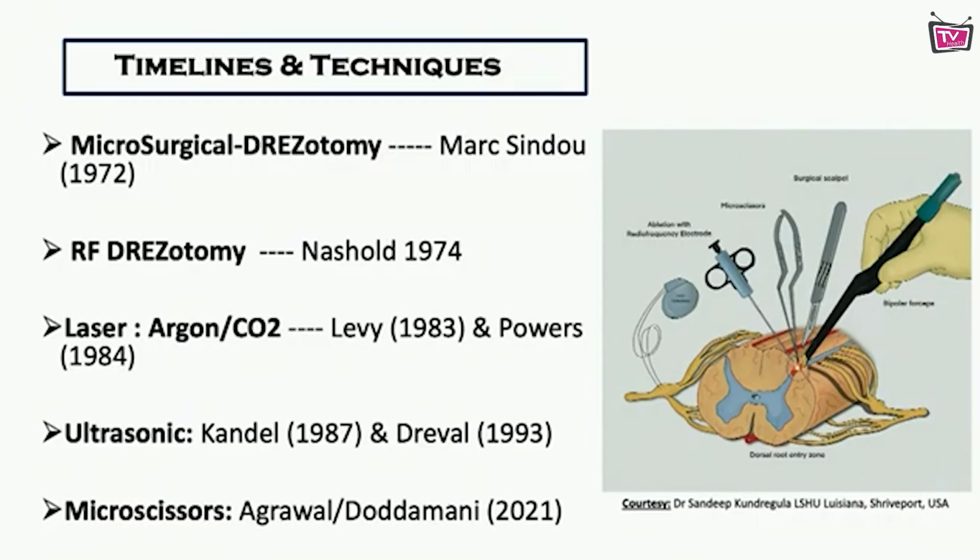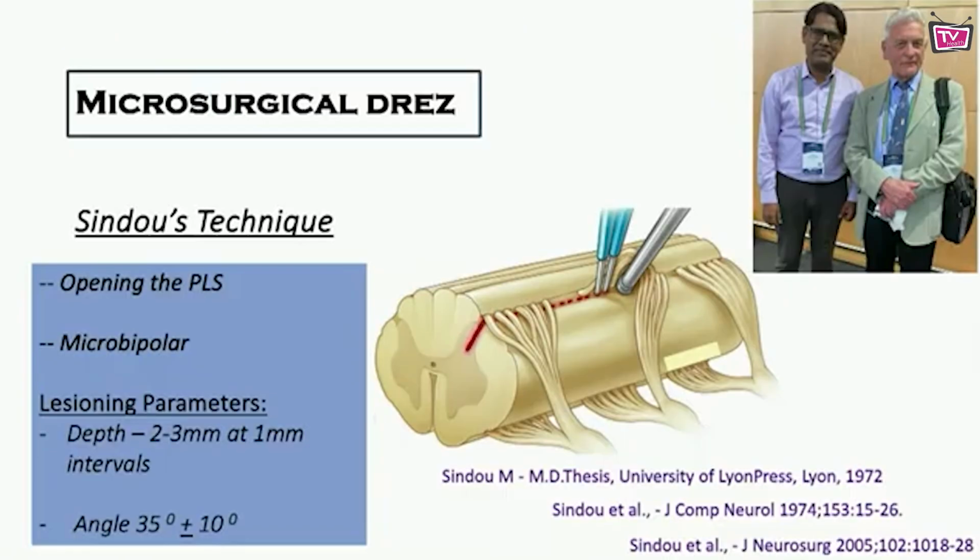So in our technique, we use just very fine micro scissors and do a mechanical disruption. The classical technique of Sindou is where the posterolateral sulcus is opened up, and then you do the lesioning using a fine-tipped micro bipolar at 1 mm intervals.